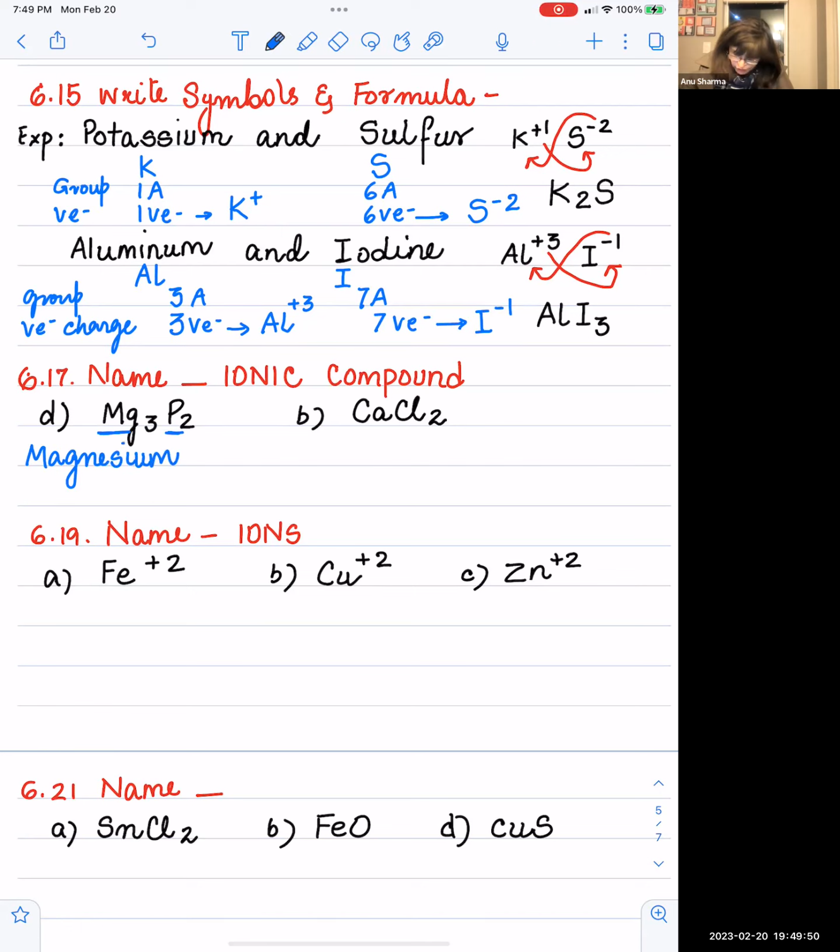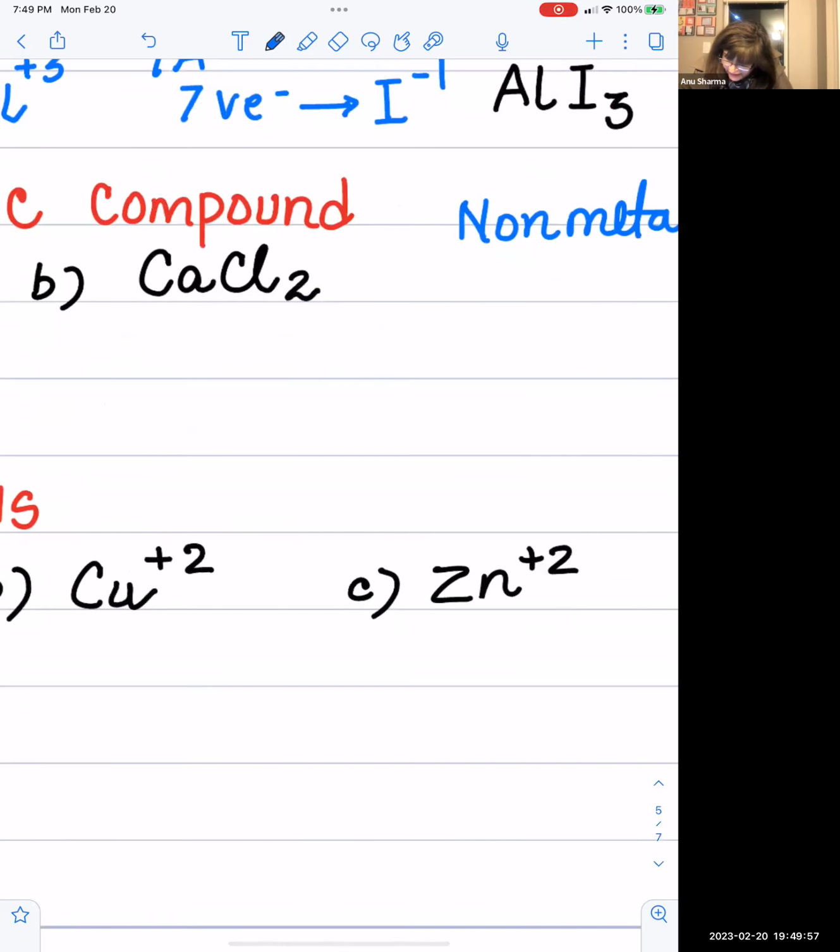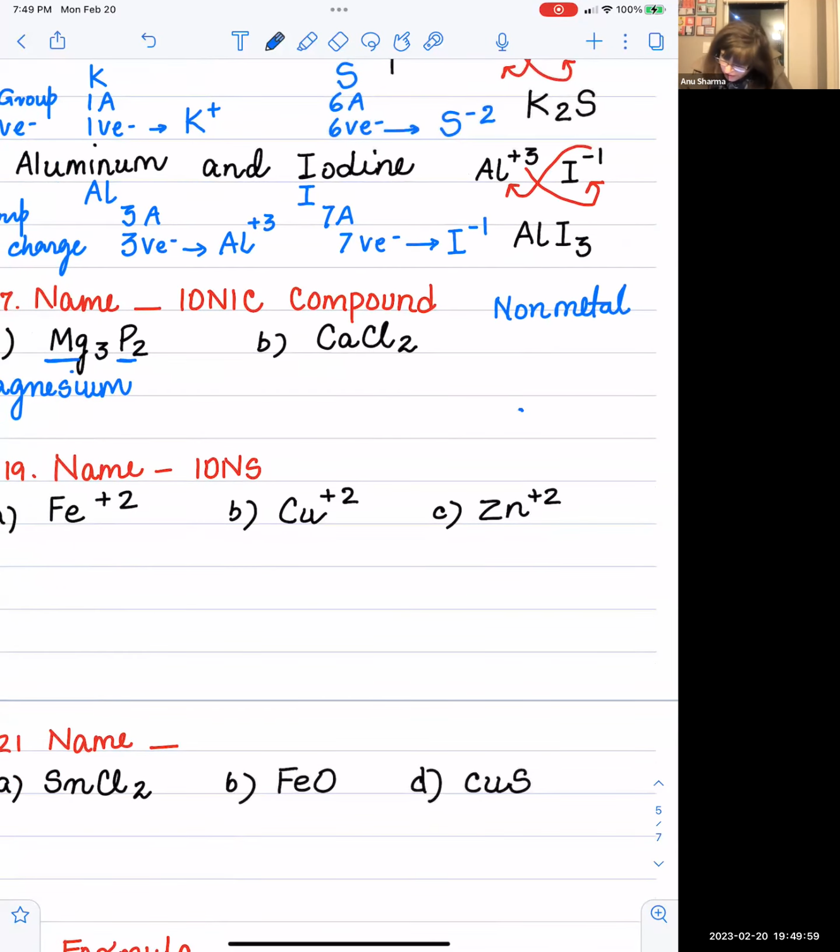But non-metals end in -ide, I-D-E. That's the ending.